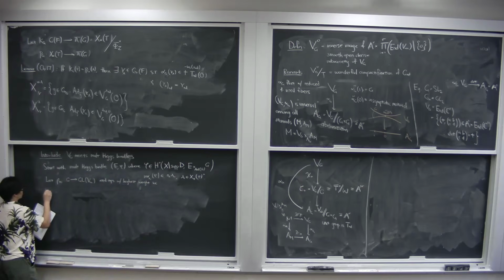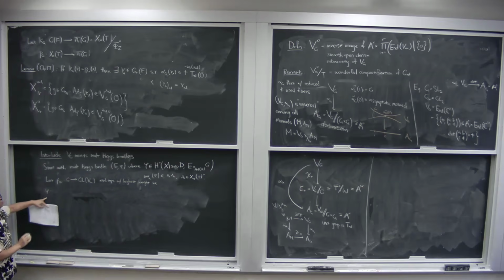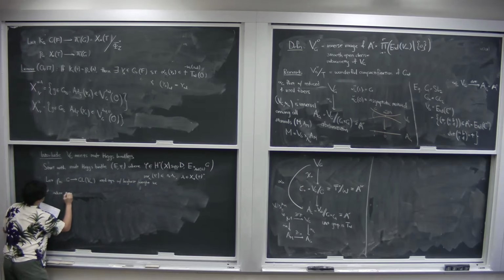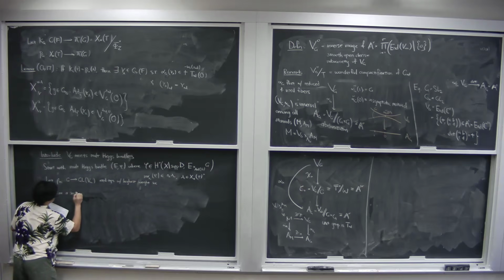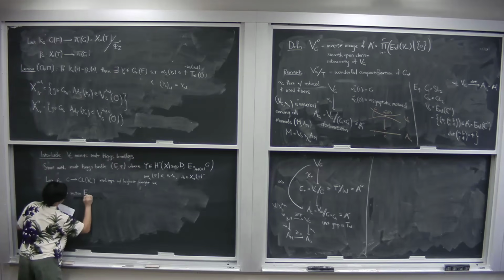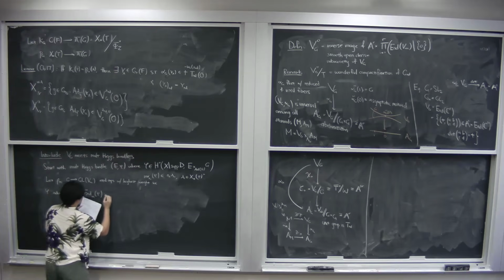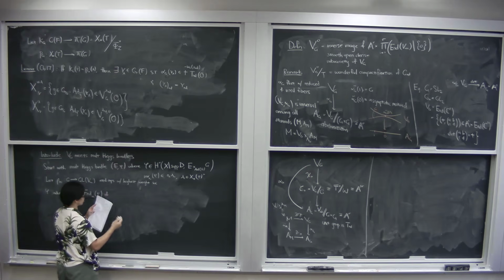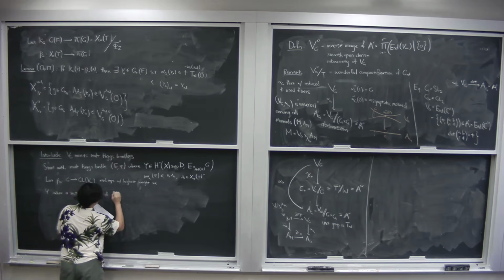And now let's go. So phi, my meromorphic section, will induce a section, which I will call this, of the endomorphism of this associated bundle. So I'll give it a name.